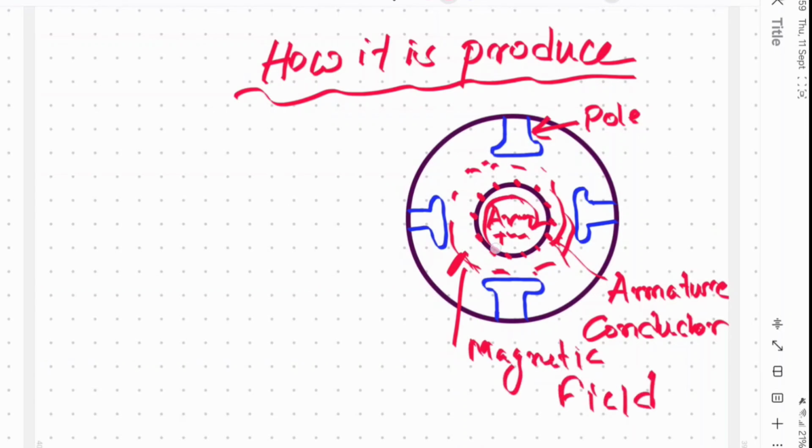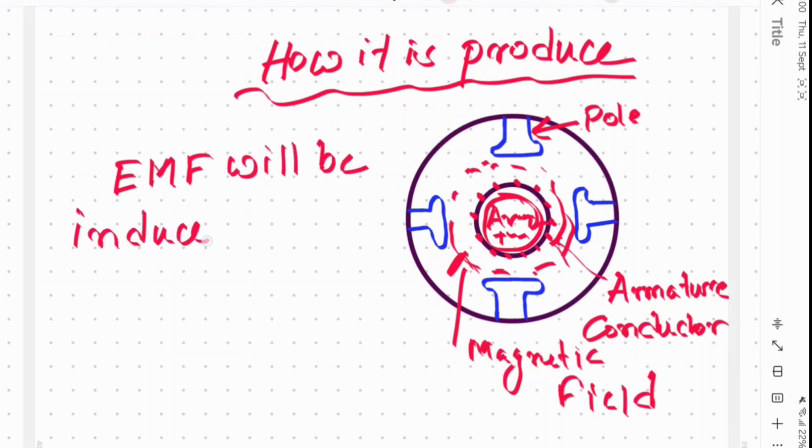So when this armature rotates in the magnetic field, the conductors cut the flux lines. So by Faraday's laws of electromagnetic induction, EMF will be induced in the armature conductors.